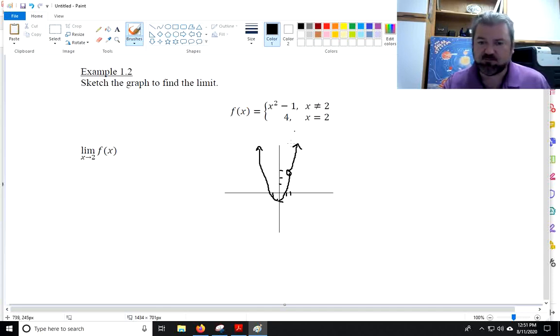Okay, then what is it when x is exactly 2? Well, for some reason in this function, when x is exactly 2, we're at 4. Right there.